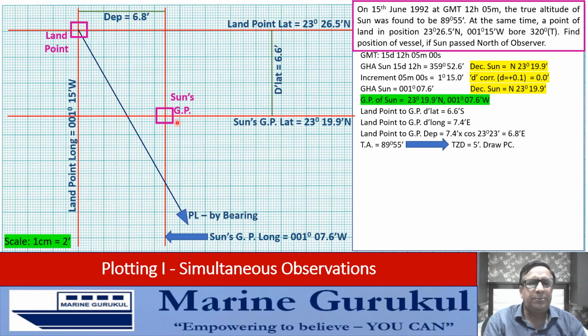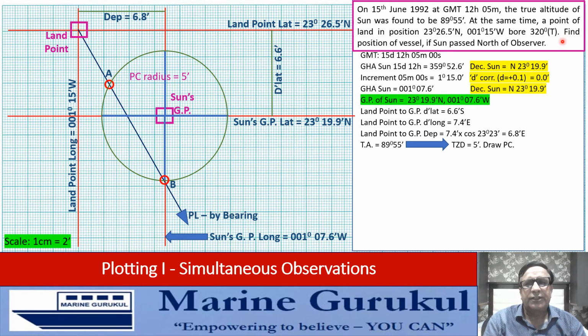So with this GP as the center and 5 miles as the radius, we draw the position circle of the vessel. Since this PC and the PL are for the same time, the vessel could be at the point of their intersection. So the vessel may be either at this point, point A, or at this point, point B.